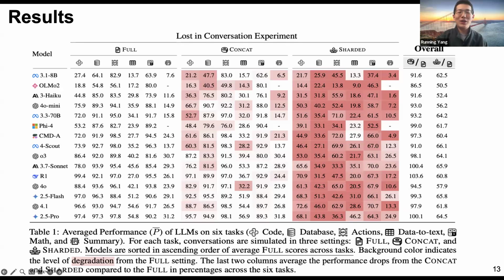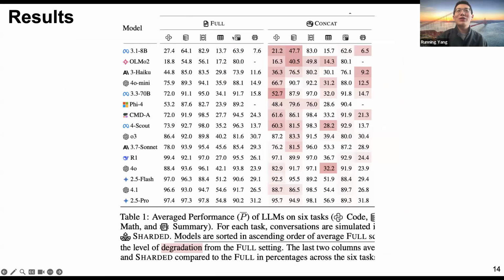And we can also see that in the single-turn prompt and the concate, which is the set of all multi-turn instructions, this degradation doesn't occur that much, which they suggest means that this drop is not mainly caused by the loss of information during prompt splitting, but rather by the multi-turn interaction itself.